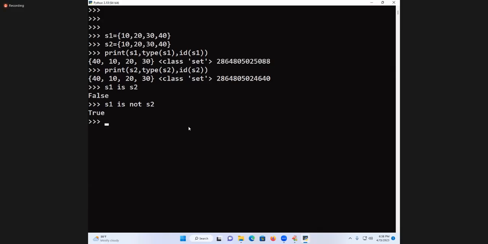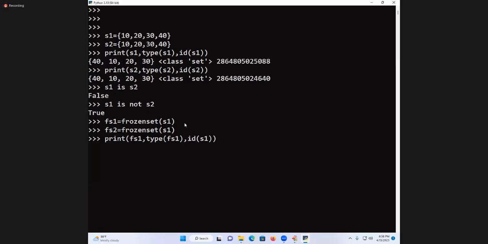Frozen set. Quickly. F is equal to, come on, frozen set of S1. S2 also, converting what? Frozen set. Now print FS1, FS2.